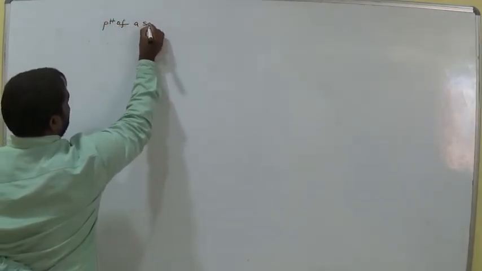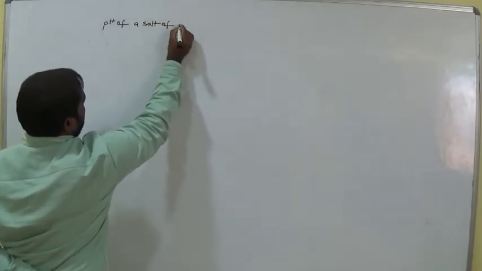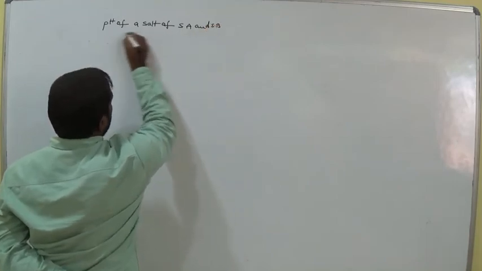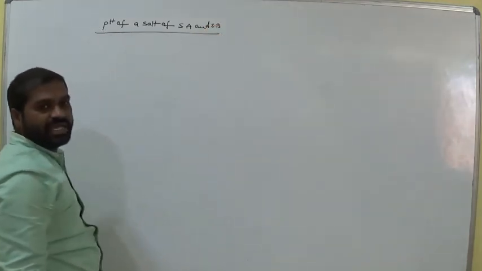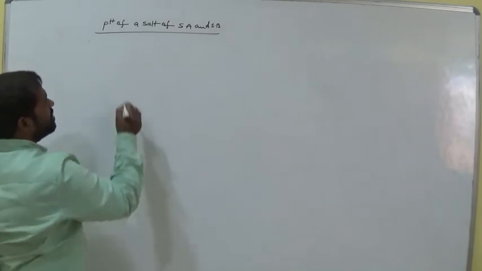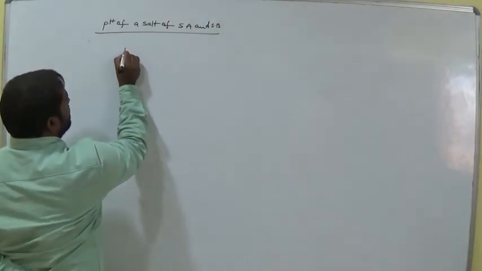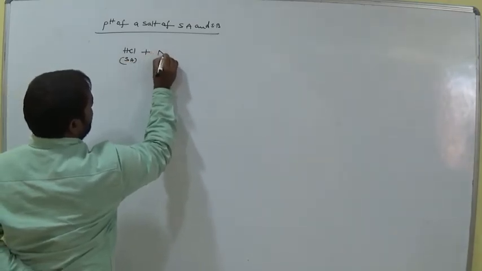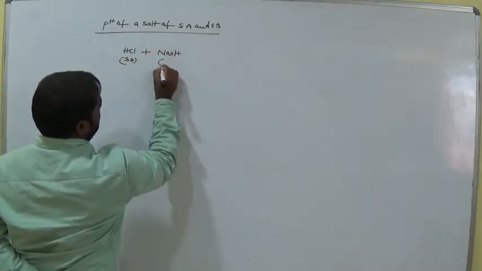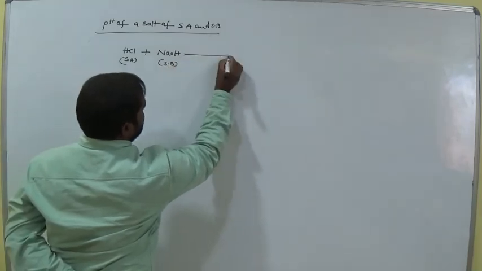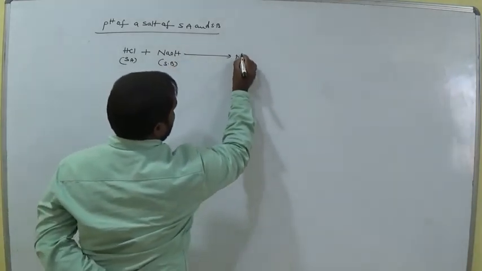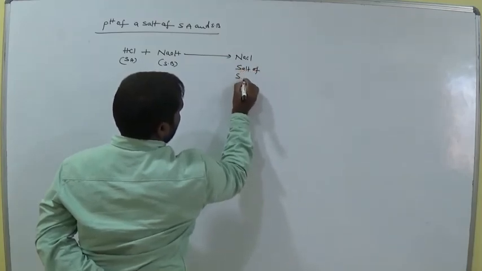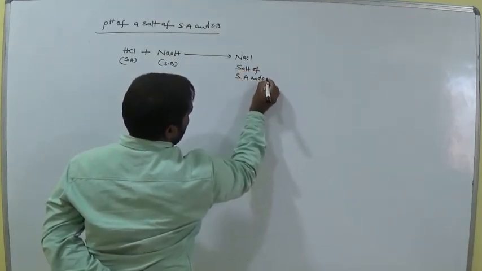pH of a salt of a strong acid and strong base. This is HCl, a strong acid, and the strong base is NaOH. Now these two react and give NaCl, which is called the salt of a strong acid and strong base.